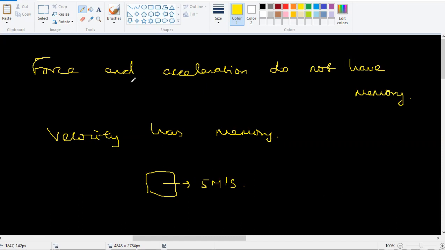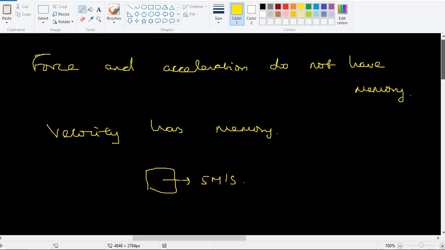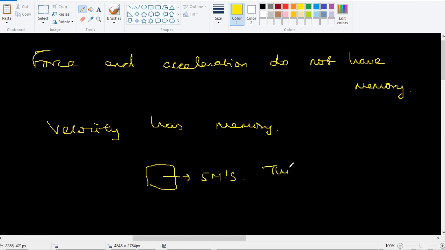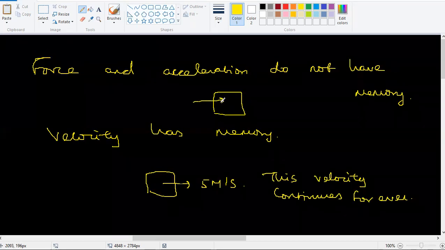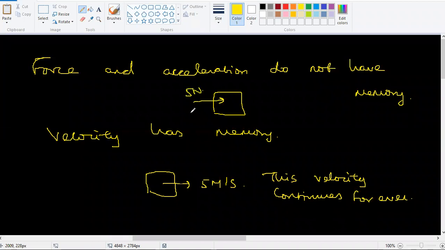But what this means is, if I apply 5 Newton for this, velocity continues forever. But if I apply 5 Newton here for 5 seconds, only for that 5 seconds this force is applied, which means it will be reaching a certain speed.